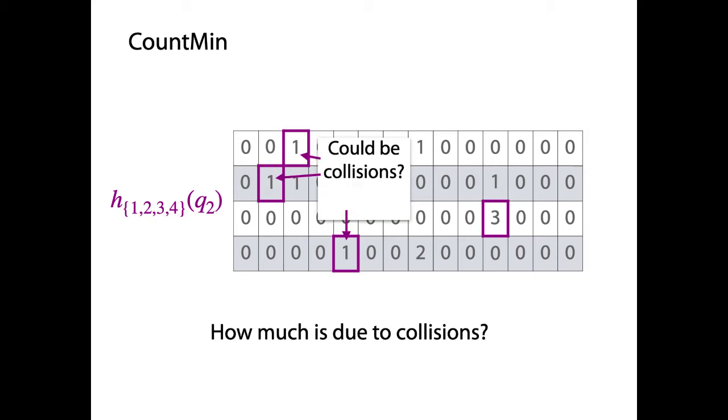And let's ask, could these be collisions? I'm not asking about this element. I'm only asking about these 3 right now, the ones that are all equal to 1. Could those 3 elements be collisions? In other words, maybe q sub 2 was not really in the input data set, but it just happens to have collided with other items in those 3 positions? Yeah, that's possible.